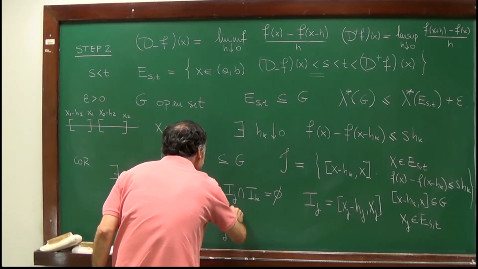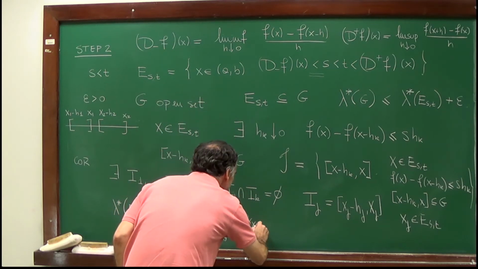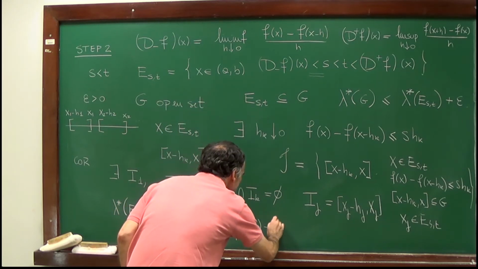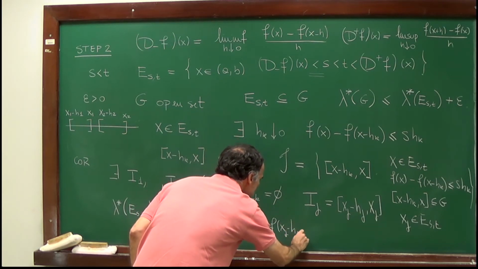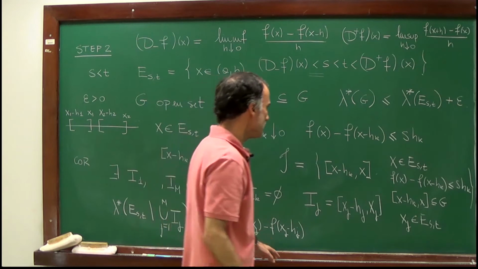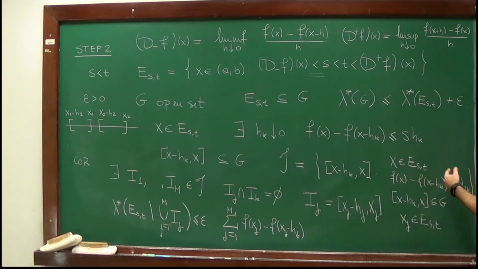j from 1 to m of f(xj) minus f(xj minus hj), since [xj minus hj, xj] is an interval of my family I, they satisfy that inequality. So that difference is bounded by s times the length of the interval.